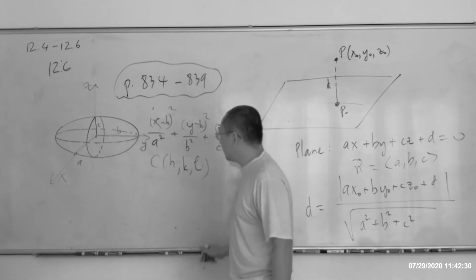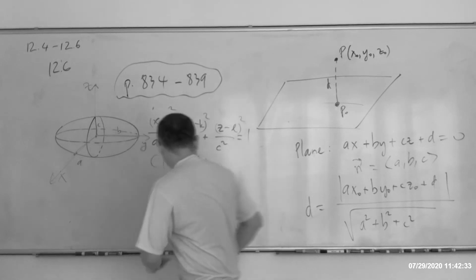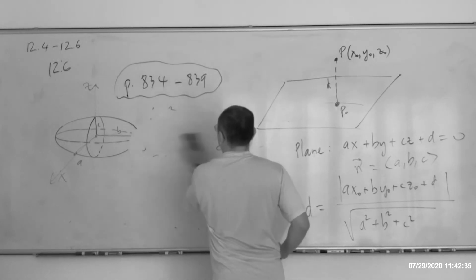Second one, elliptic paraboloid. The first one was the ellipsoid, right? The second one is going to be the elliptic paraboloid. You start with a parabola.